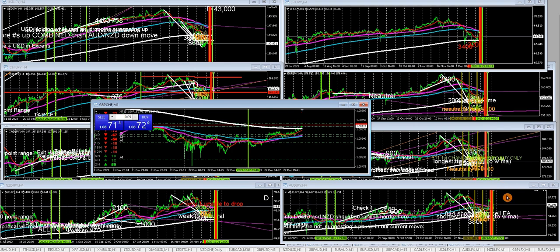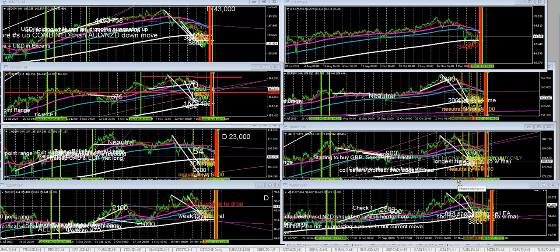Well, pound Swiss, I mean, chances are it's probably going to go into chop. Yeah, but that's into chop on this time frame.